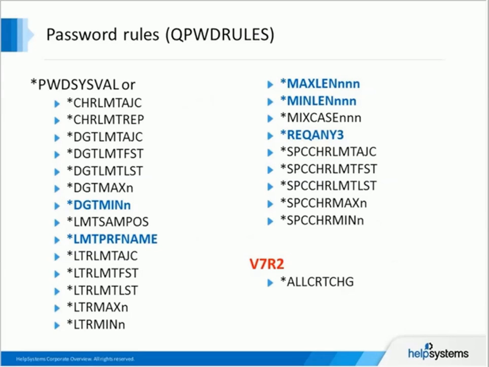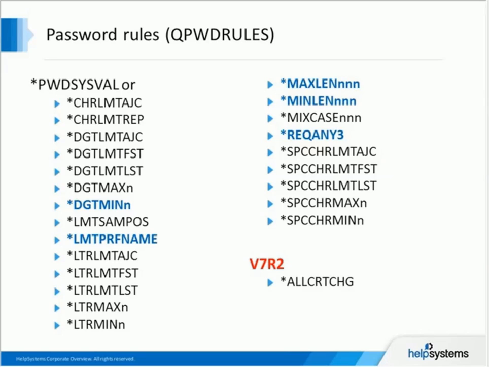So I've highlighted a couple of them. You can actually say digit min X, meaning you can require 2 digits or 3 digits if you want to. You can also do things like limit the profile name. So if my profile was called Carol, I cannot have Carol as any part of my password.